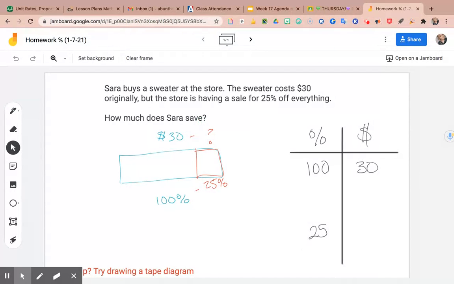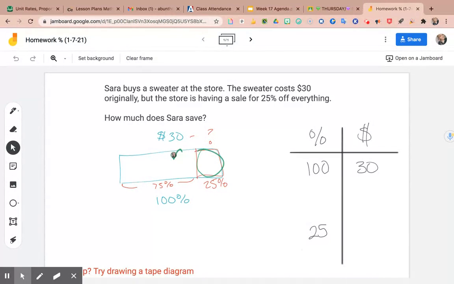All right. So if this is 25%, what does this have to be? So if this piece right here is 25%, then this piece right here has to be 75, right? Because they add to 100. Well, that's 25.